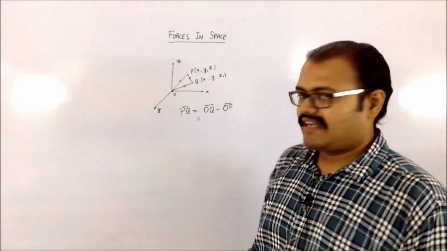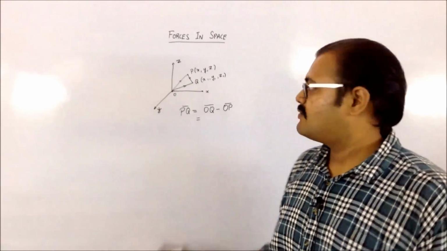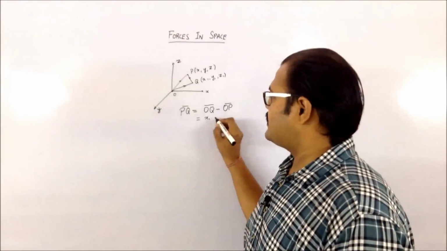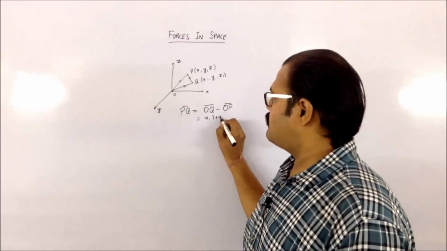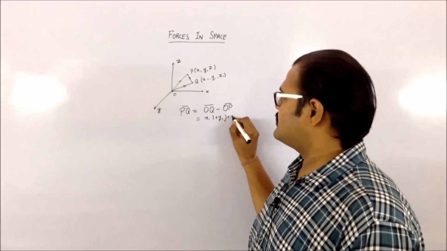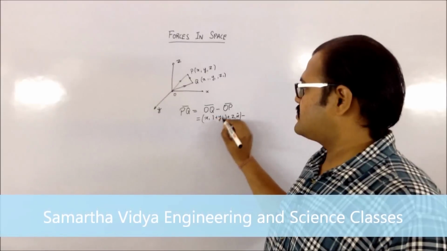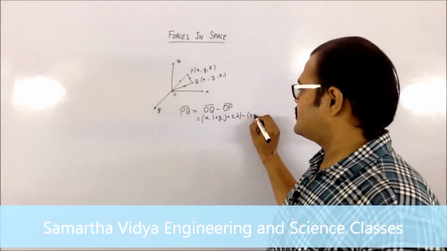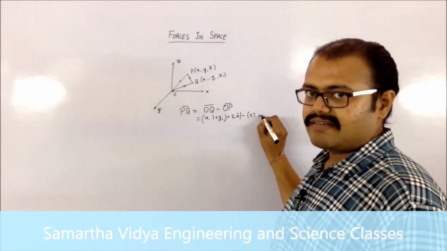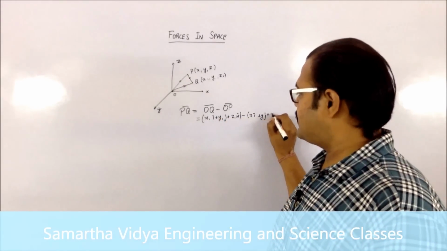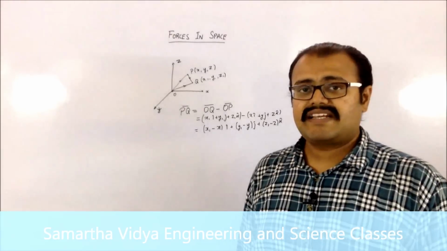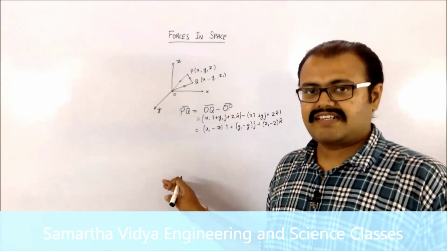My OQ, as the earlier discussion, will be having the values x1i plus y1j plus z1k. This thing minus my OP, which we had discussed, it was xi plus yj plus zk. So this becomes a representation of the vector PQ.